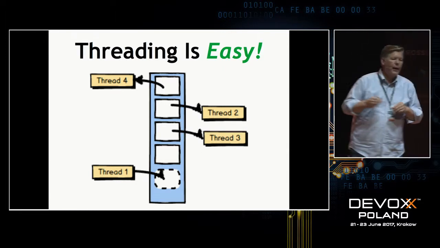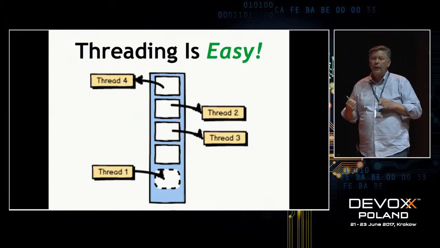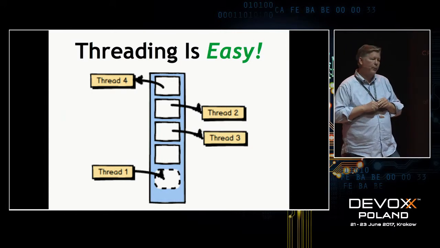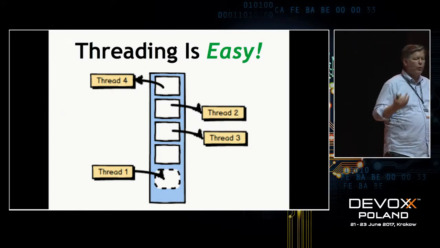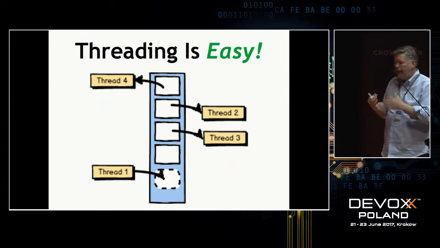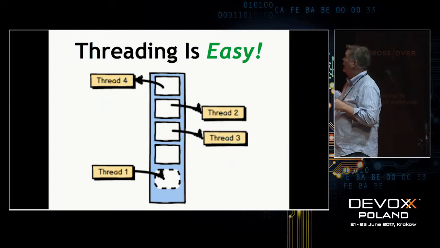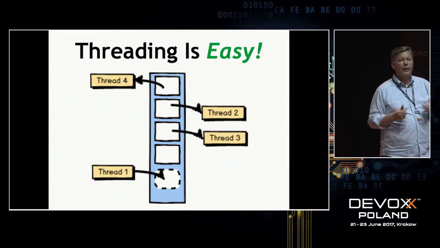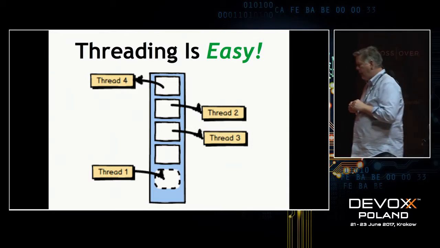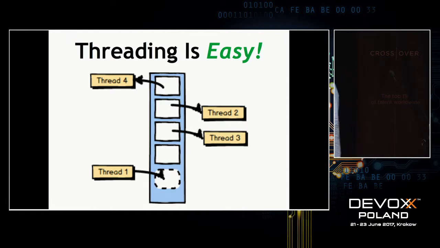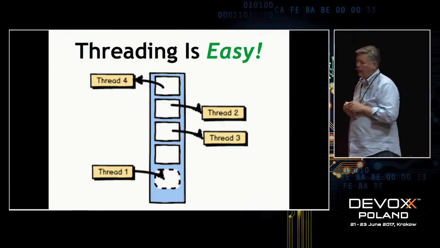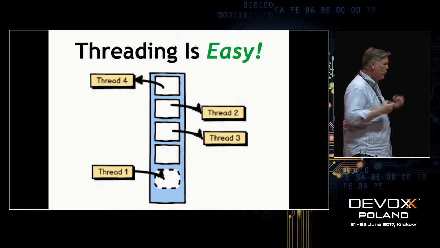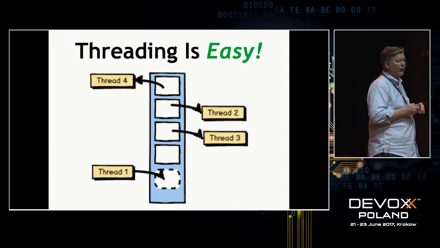This design implies that we have at least 4 cores available, so we're going to have 4 threads running. One is feeding the work queue, and the other 3 threads are taking work out of the queue and working on it. Okay, that seems like a fair optimization to our software. It's very easy to design this and to make it work. We can all succeed with this, right?